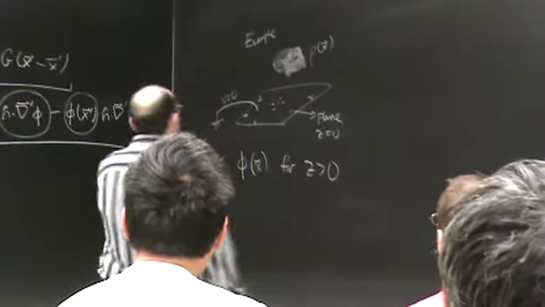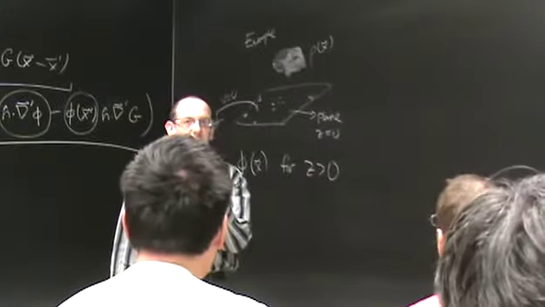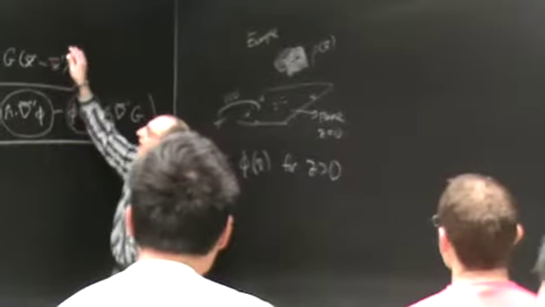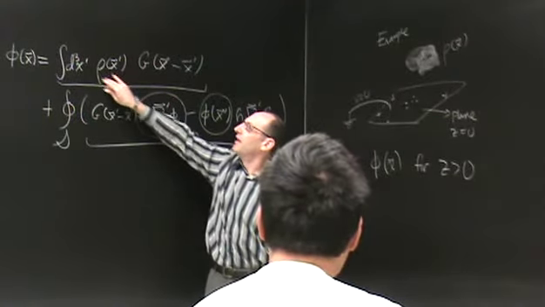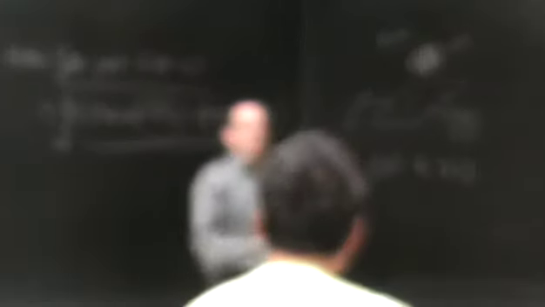Here I had a general charge distribution. What I want to look at is the solution for a point charge. Once I have a point charge, I can convolve the solution of a point charge with the general distribution to get the complete solution.